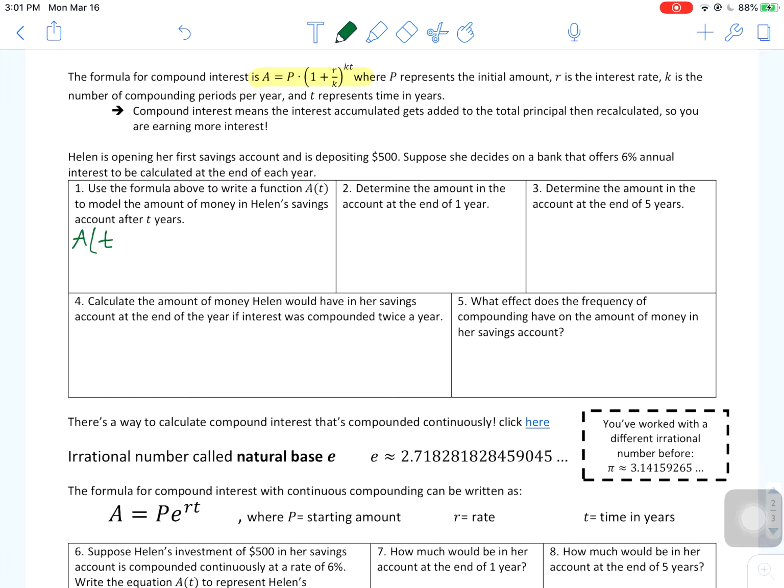A of t equals our initial amount, or our principal, so 500 from right here, times 1 plus the rate written as a decimal.